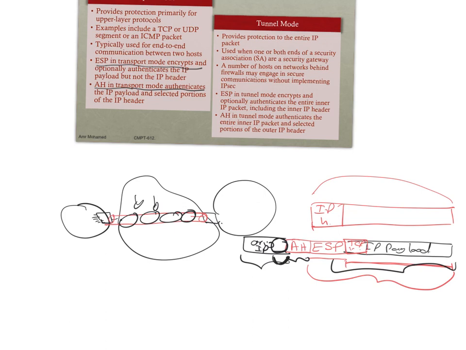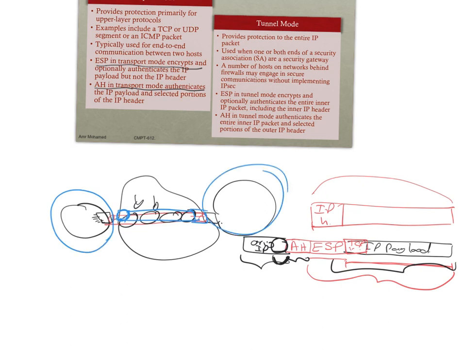In the second mode, we're not actually securing host to host. We're securing either host to network or network to network. Okay, so in that case, we have either like a firewall here and here. Okay, a firewall or a router, and then we build a tunnel between these two routers to provide security from this network to this network, not just a single host.